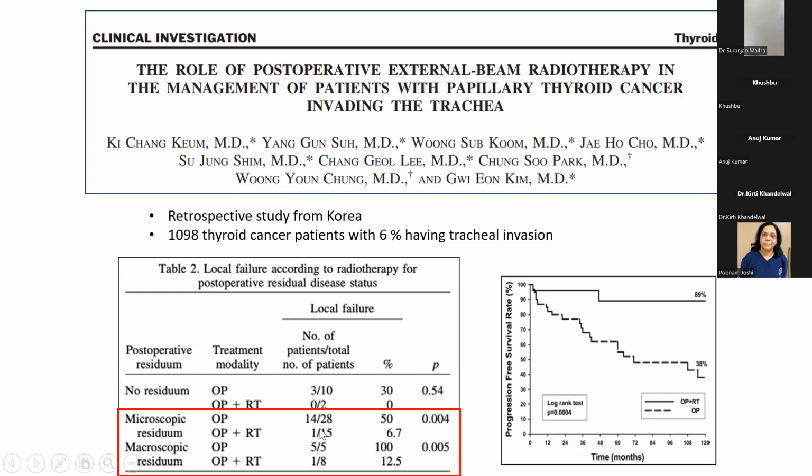We can see that addition of external beam radiation therapy has again caused significant benefit in terms of local failure for this group of patients. So we can see from here it is quite evident that when there is a gross or microscopic residual disease, addition of EBRT when there is tracheal involvement will benefit such patients.